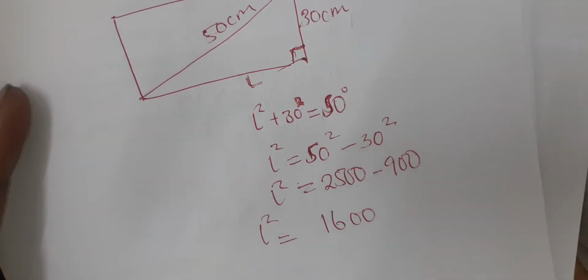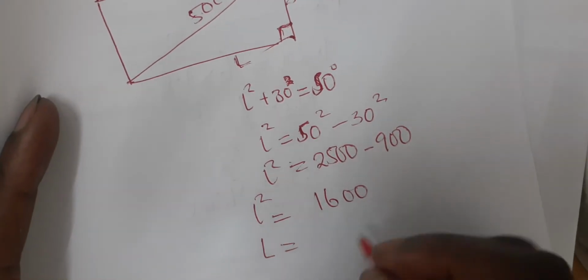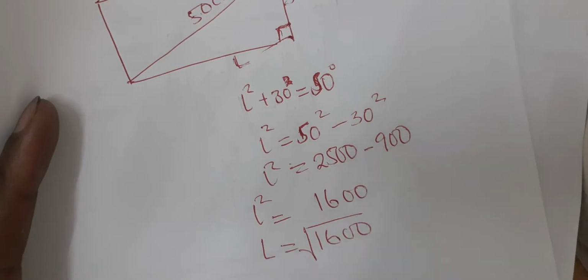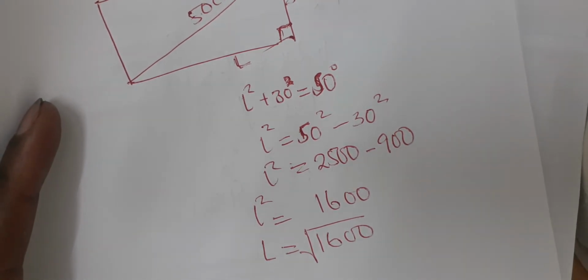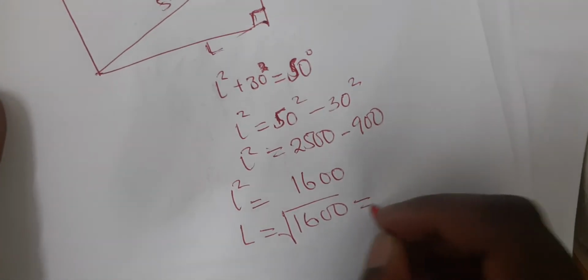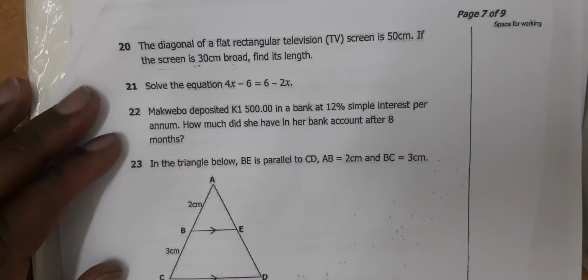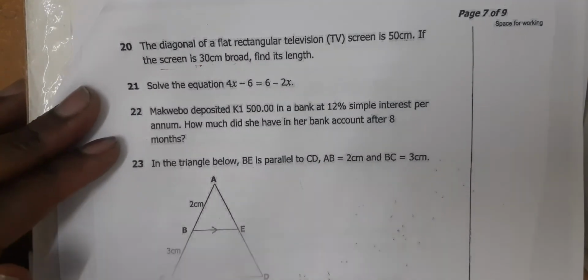So to find the actual length, you need to take the square root here. What are we going to get? This is going to give us 40 centimeters. That's what we are getting here.